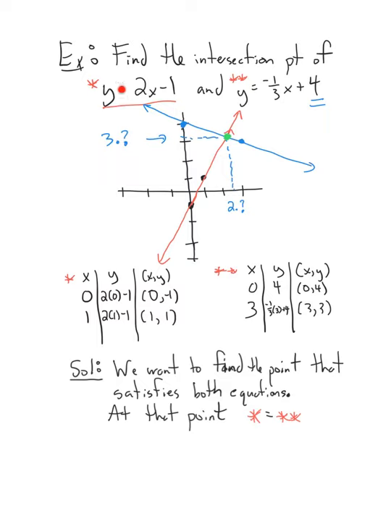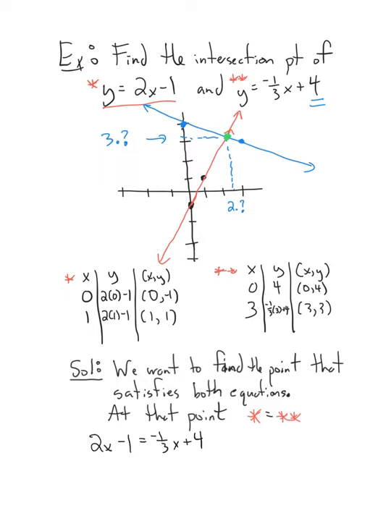Both of these equations equal y, so they equal each other. Since y equals 2x minus 1 and y equals negative a third x plus 4, for that same y value, they're going to equal each other. So let's do it: 2x minus 1 equals negative a third x plus 4.